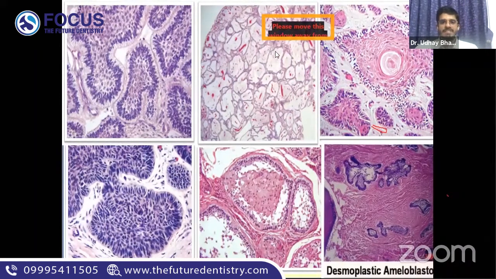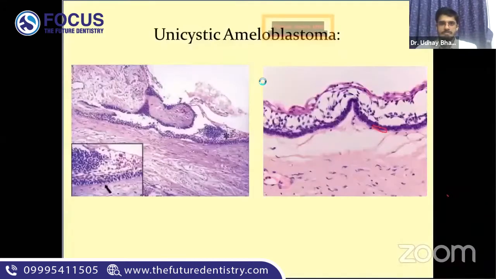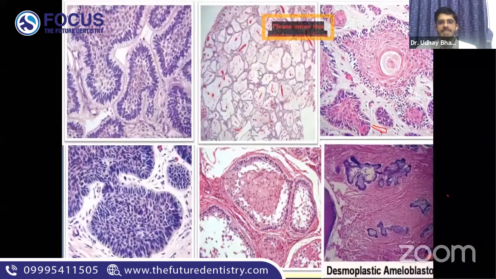So here you have stretched out strands of ameloblastomatous epithelium, and these strands will exhibit the Vickers and Gorlin's criteria. However, it must be noted that histological features are a lot more difficult to discern in a plexiform ameloblastoma.